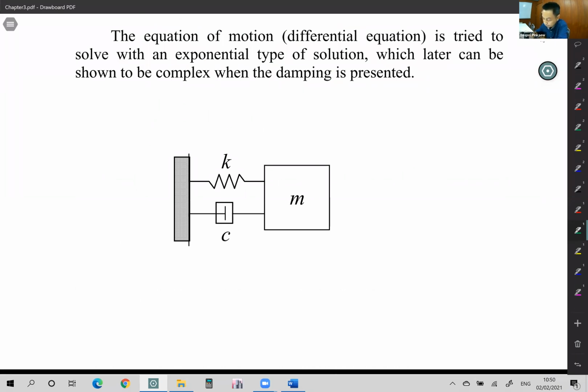If I apply an initial condition, for example, I clamp the mass and force it to move to the right by 1 meter, and then I release, the mass will try to go back to the support, to the wall, right? And it starts to move back and forth, back and forth, like that.